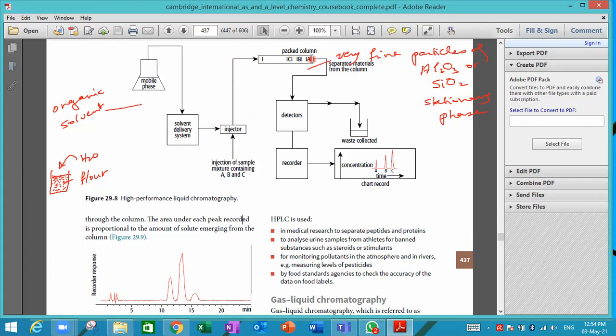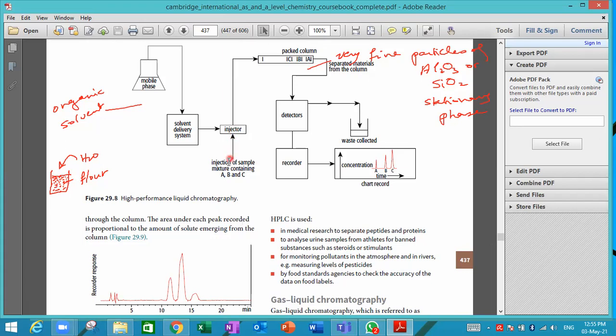So you have like an injector that contains the ABC, and where do you inject it from? The injector is the place where you inject your sample in. You know how to inject something? Yeah, miss, I just don't know where it is getting injected.